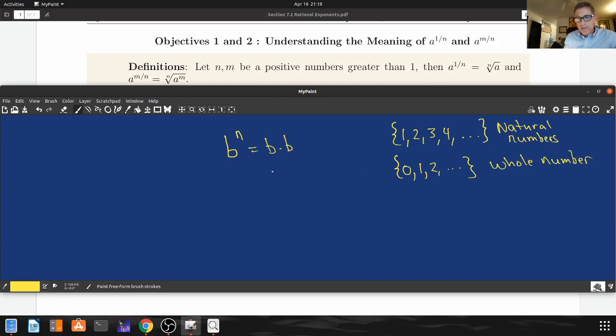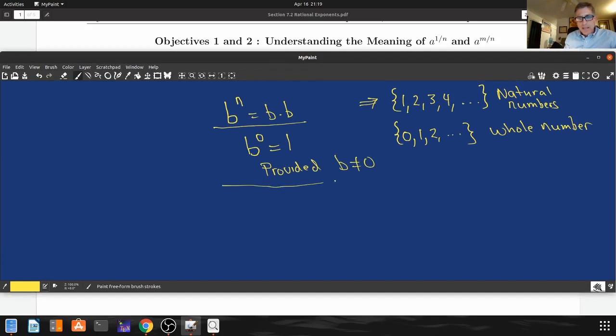So we already know what b to the n means when n is in this set. All I have to do now is extend the meaning of b to the 0. And we learned that b to the 0 is equal to 1, provided b is not equal to 0.